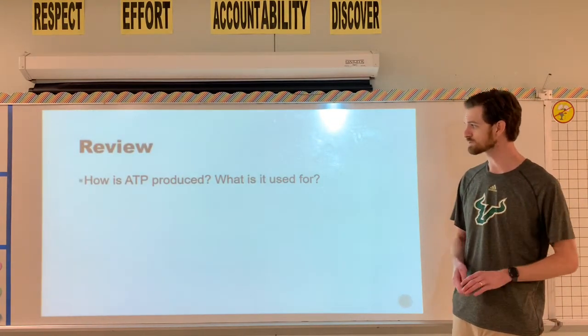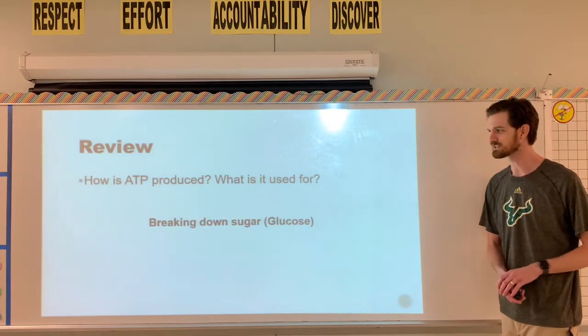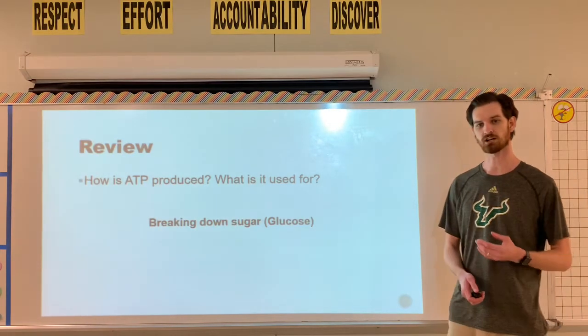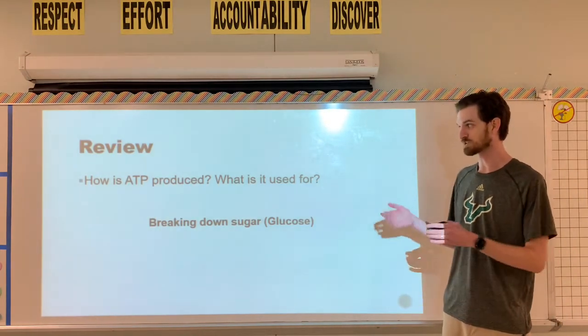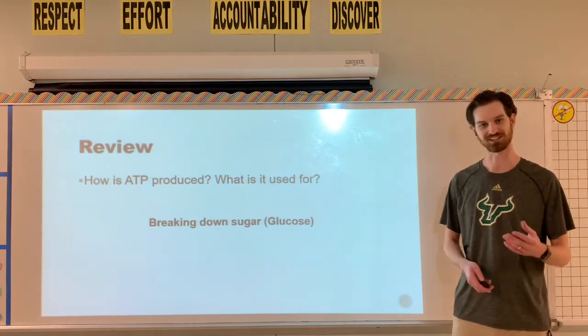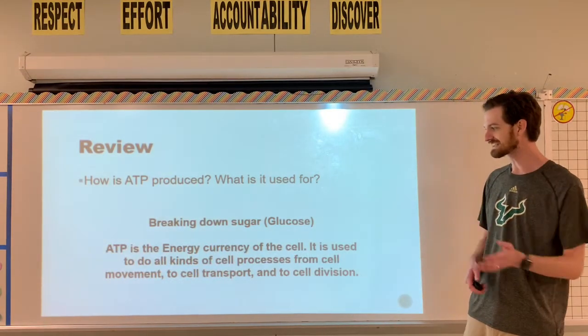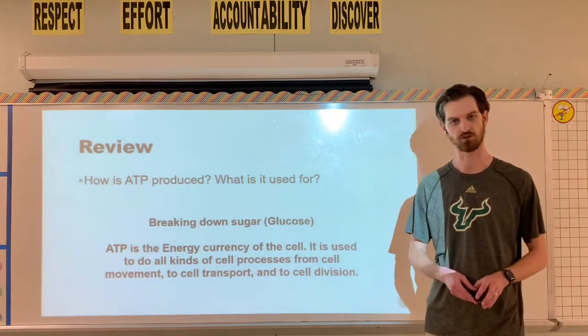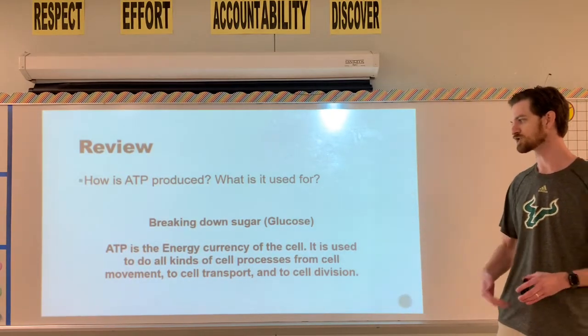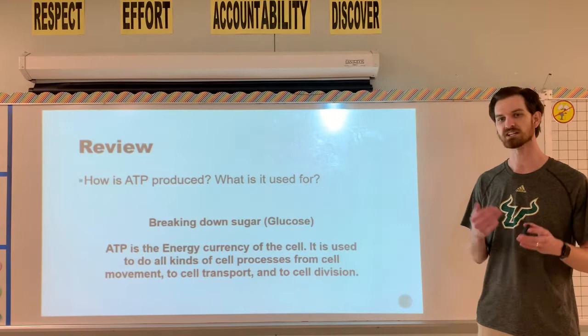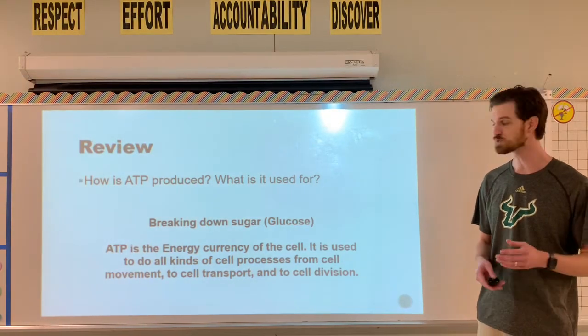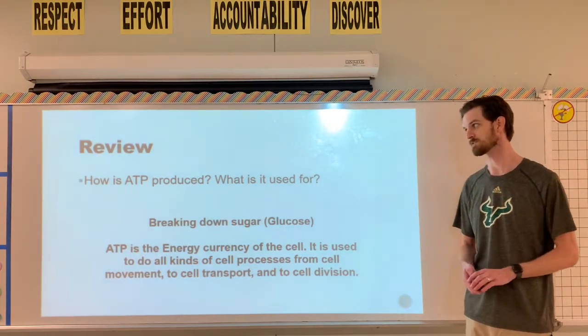So how is it produced and what is it used for? ATP is produced from breaking down sugars like glucose, and it's used for anything that is needed in the cell overall: transport, division, reproduction, movement, anything the cell needs energy for. ATP is the currency for it.